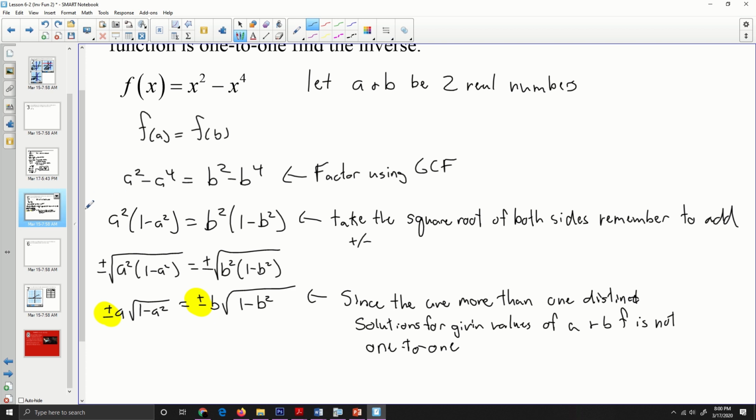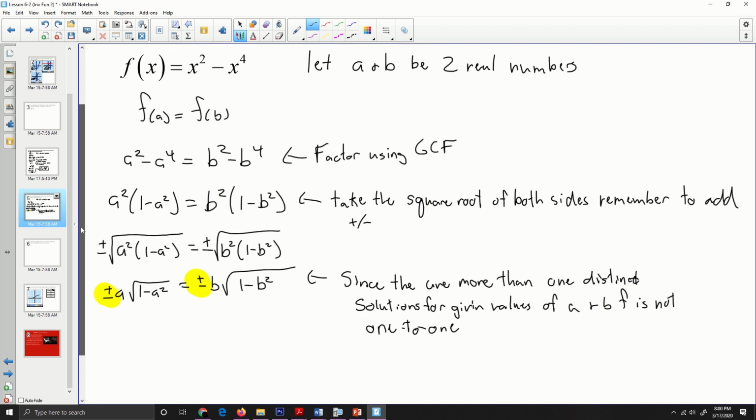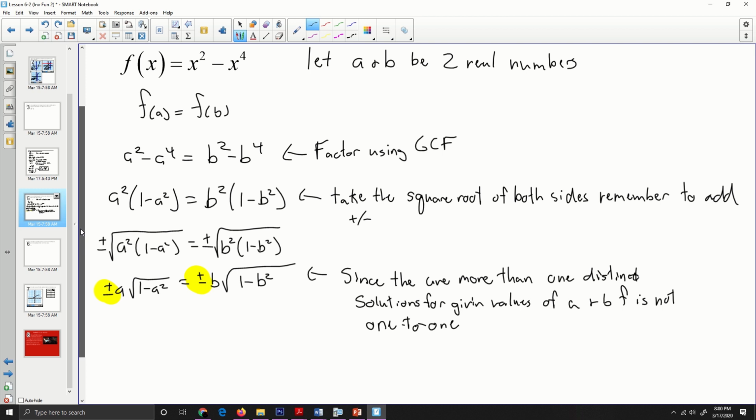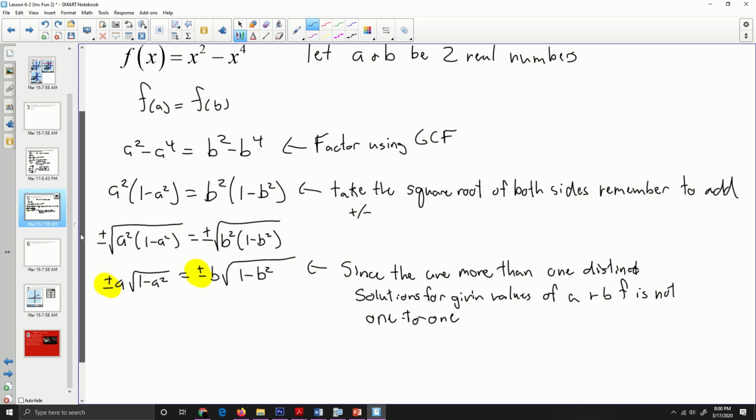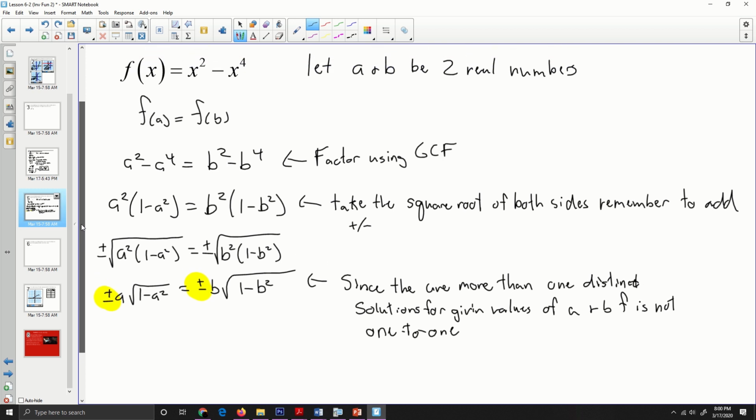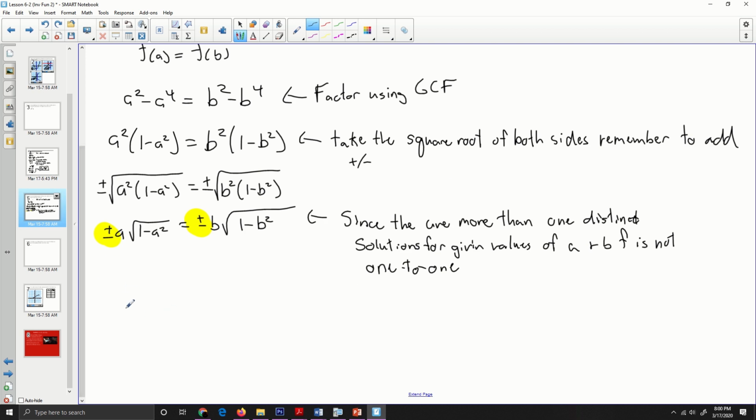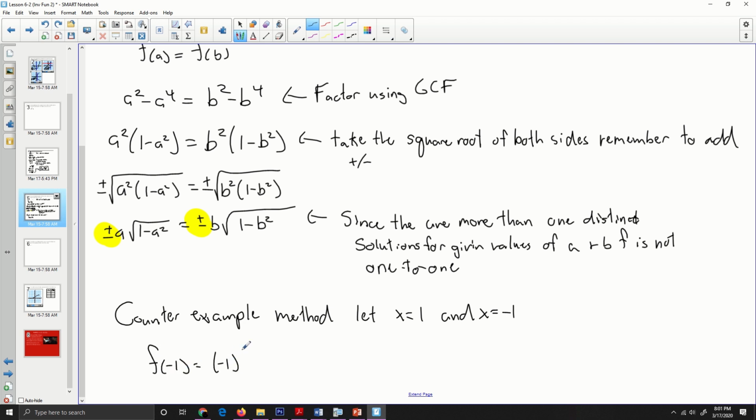All right. And so as a for instance, just as a counter example, for this one, if I go f of -1, I'll get -1 squared minus -1 to the fourth.